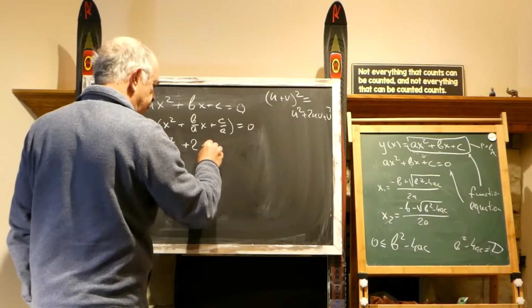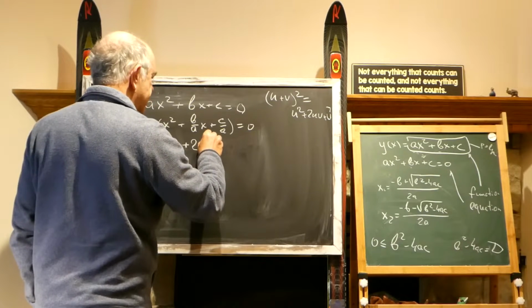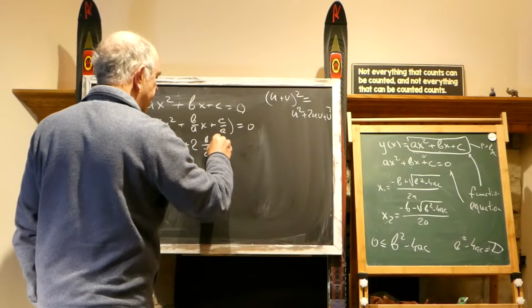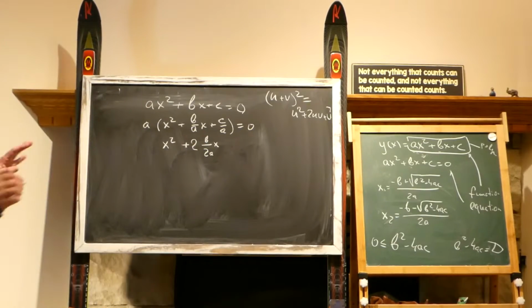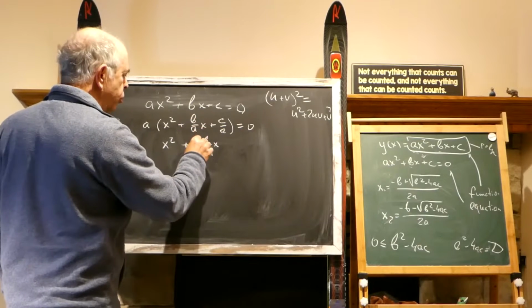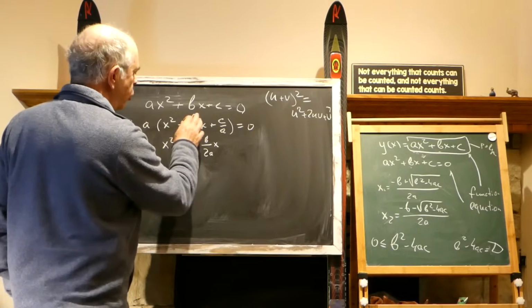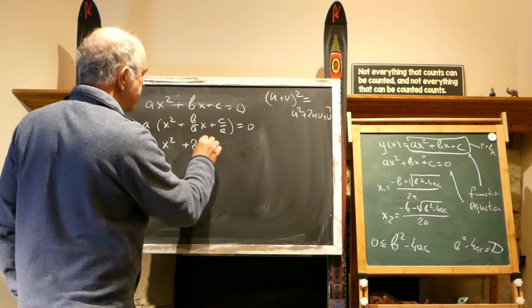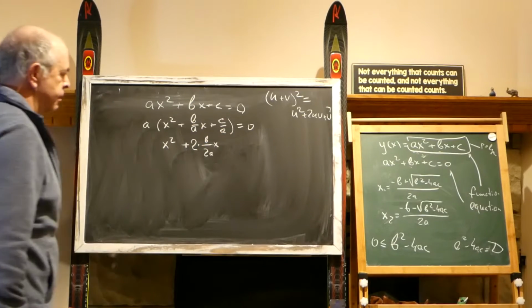If I divide by 2, I will have this, b and x. I changed absolutely nothing. I multiplied by 2 and divided by 2 and split it. This is 2, b and x.